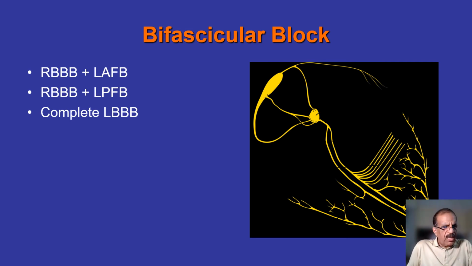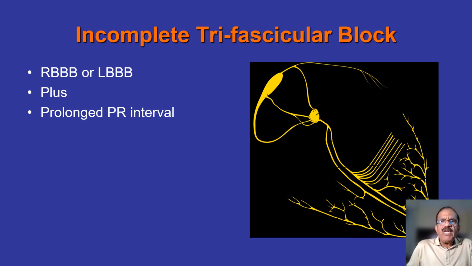Now there is another condition called trifascicular block. What is trifascicular? We can have incomplete trifascicular block, and that is a pattern of right bundle branch block or left bundle branch block plus prolonged PR interval. So you have typical right or left bundle branch block plus prolongation of PR interval more than 0.20.